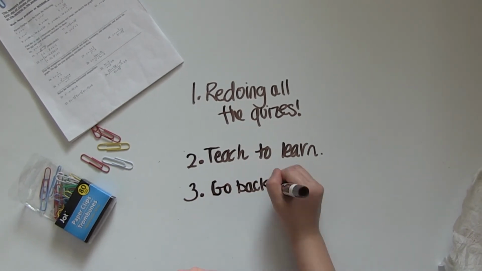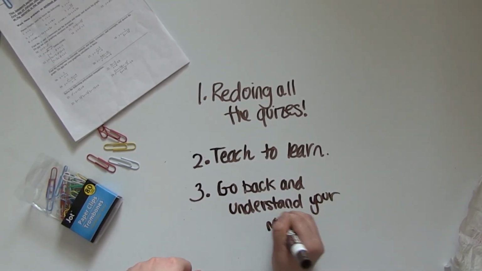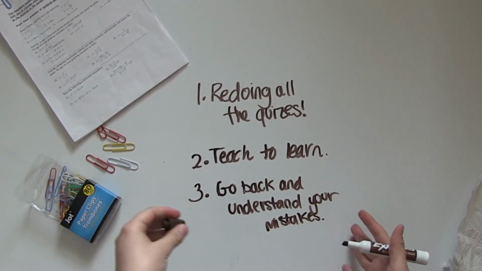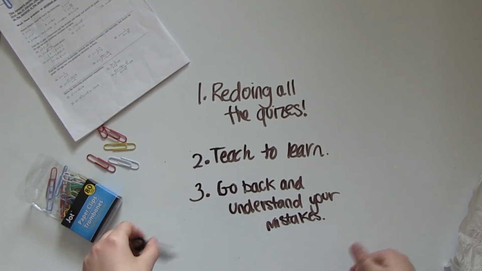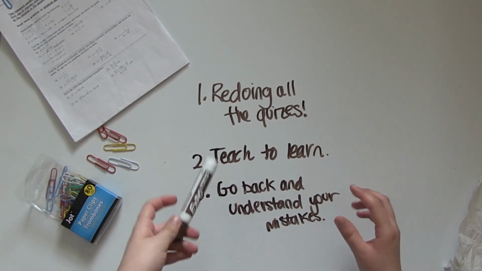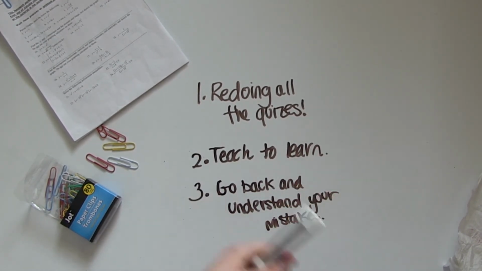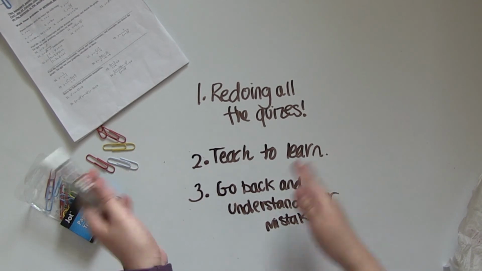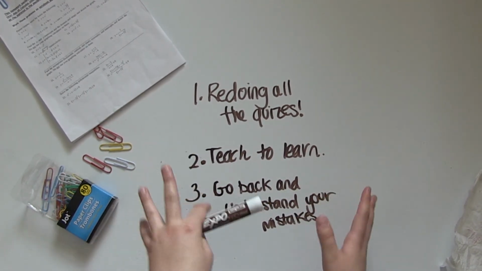Number 3 is go back and understand your mistake. And I'm talking about the mistakes that you made on the homeworks, the quizzes, and anything. It's not just knowing how to answer that specific problem, it's knowing why you made that mistake and how to avoid making the same mistake later on the test.